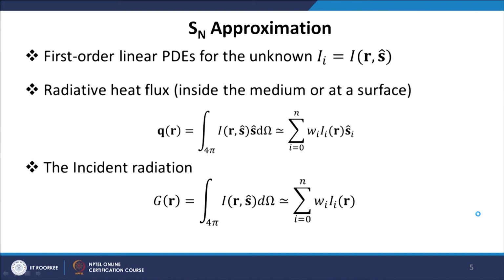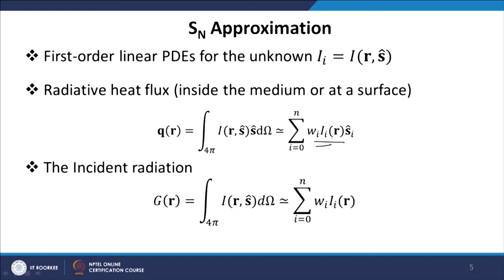Radiative heat flux is intensity times the direction vector S cap integrated over all solid angles. Now, we can replace I with I_i and integrate over the solid angle using the quadrature. So, our flux becomes summation i equal to 1 to n, W_i I_i S_i.